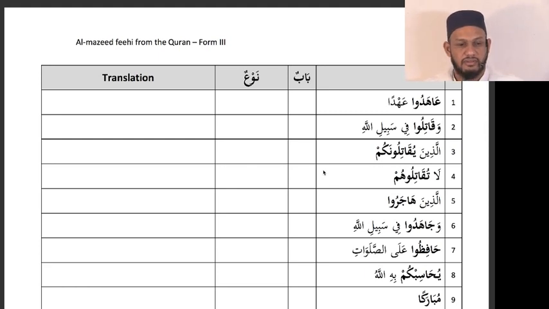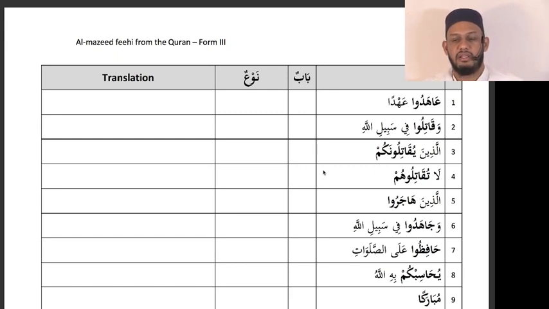Yuqatiluna. It's going to be the mudari. Mudari, good. Qatala yuqatilu. Yuqatilu means he is fighting. Yuqatiluna, they are fighting. Yuqatilunakum, they are fighting you. It is the mudari.